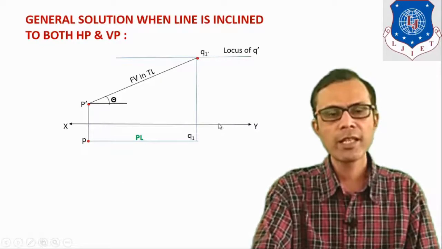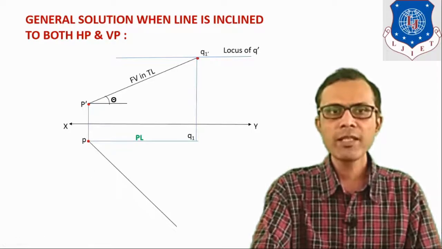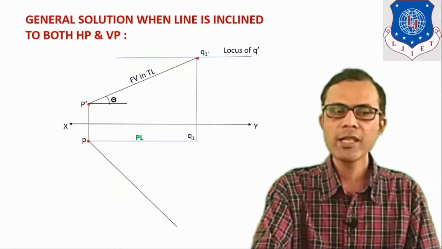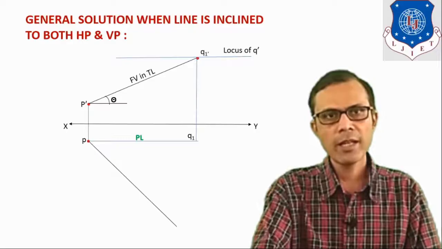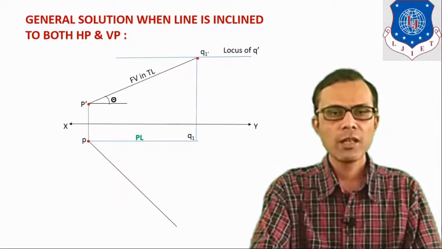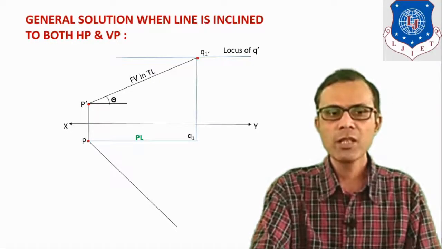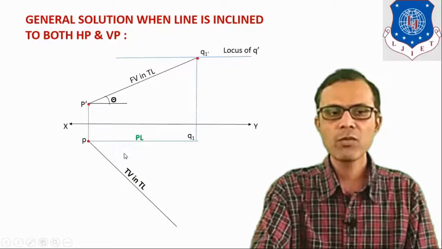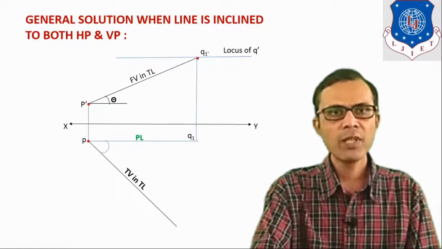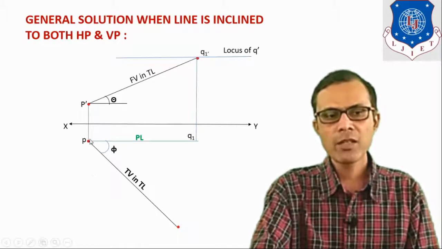So here in this case, the line is inclined to HP only. But now we will apply the second condition also, that is, the line is inclined to VP. The inclination angle for VP is applied to the top view, as we have seen in the earlier example where we discussed it individually. So from point P, we take the inclination angle phi, the inclination angle of the given line with VP, and it is applied with true length.